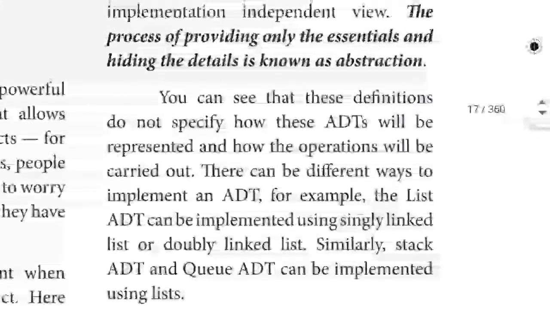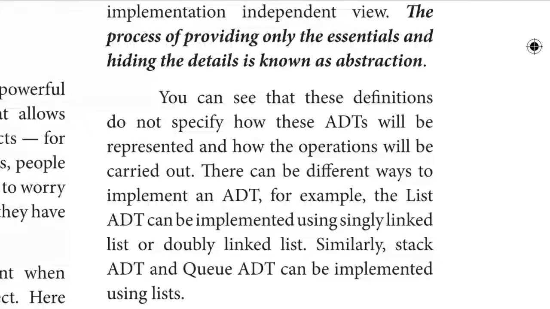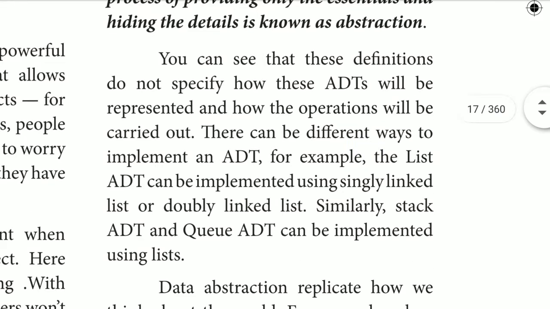The definitions do not specify how the ADT will be represented and how the operation will be carried out. There can be different ways of implementing an ADT. For example, the list ADT can be implemented using a single linked list or doubly linked list.